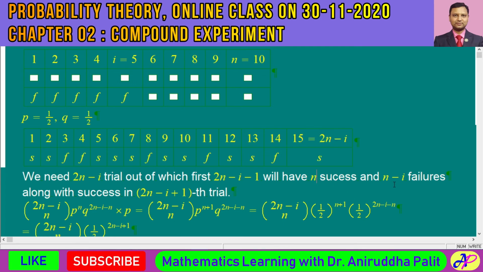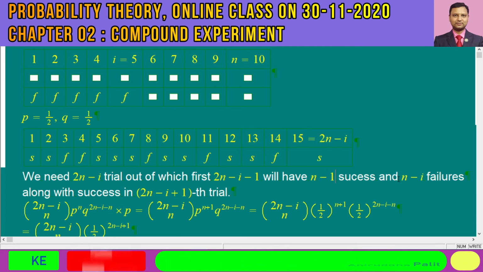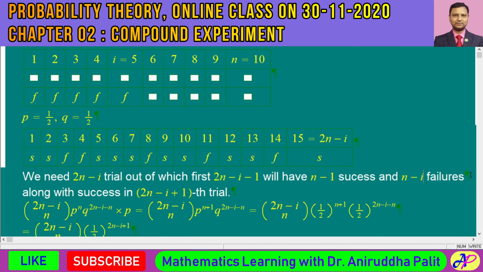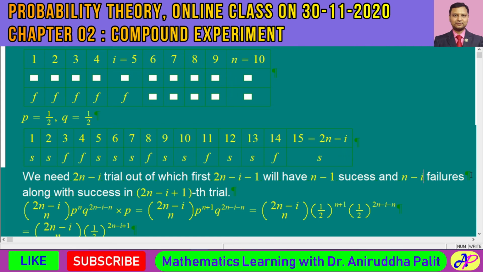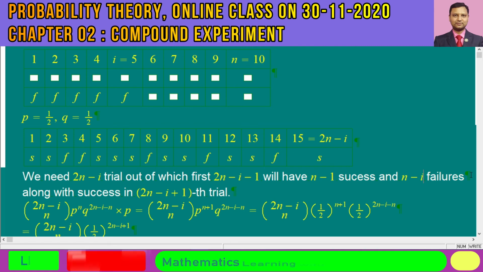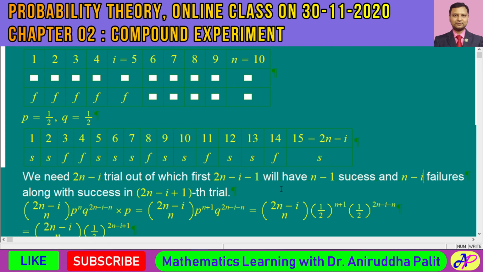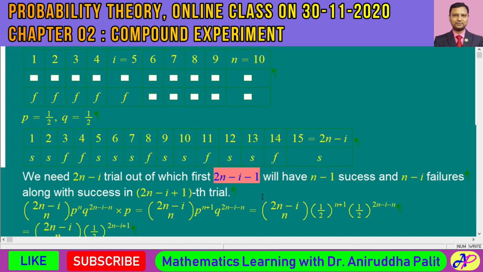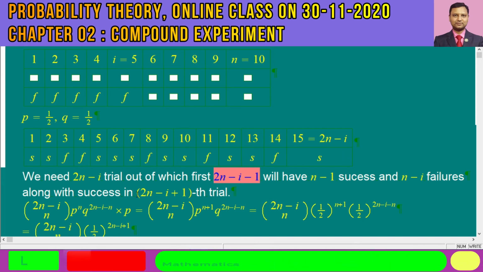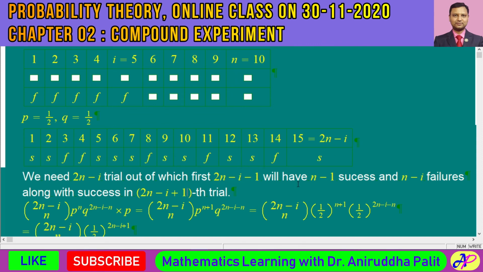Therefore we will have n minus 1 successes, and the remaining failures, if you count, are n minus i failures. So n minus 1 plus n minus i is equal to twice n minus i minus 1, and along with that one success in the twice n minus i-th trial.